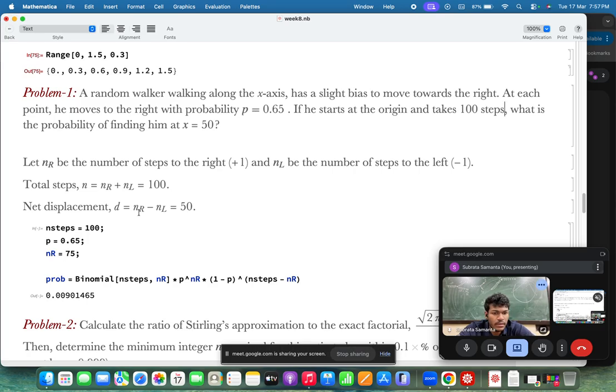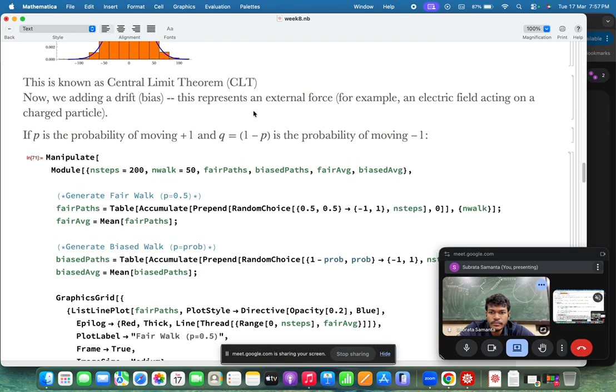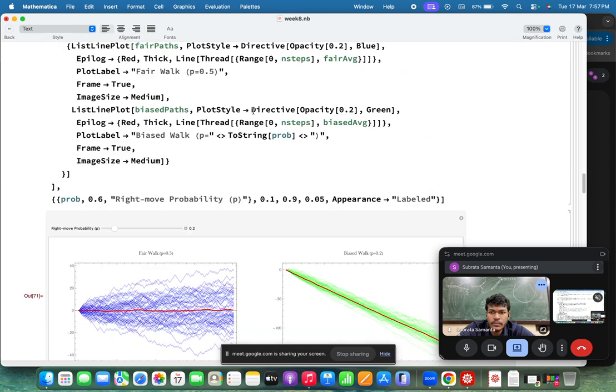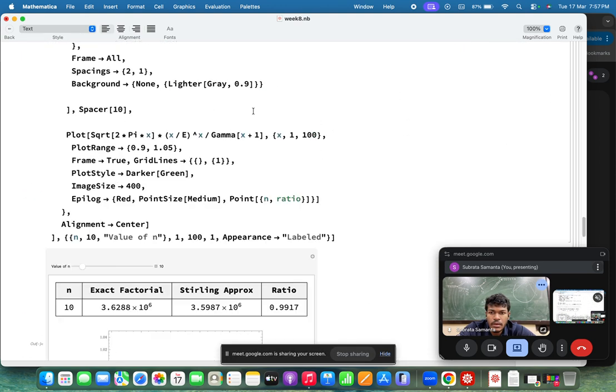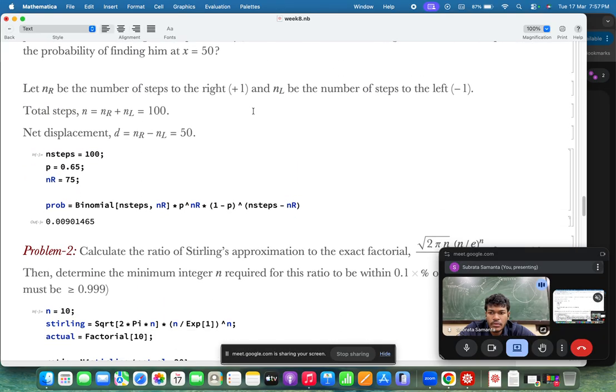Since the net displacement is in the positive direction, NR is large. The number of steps on the right is larger than the number on the left, which we also expect because the probability of moving plus 1 is large.